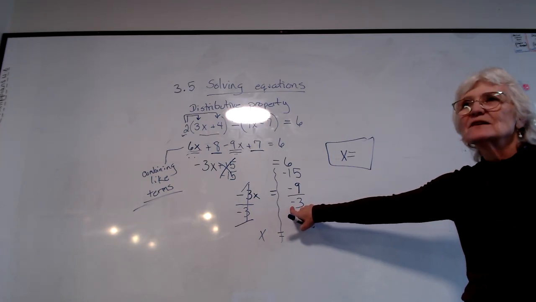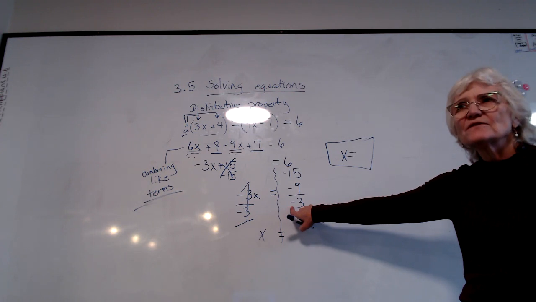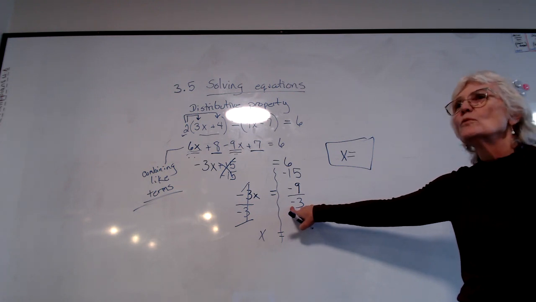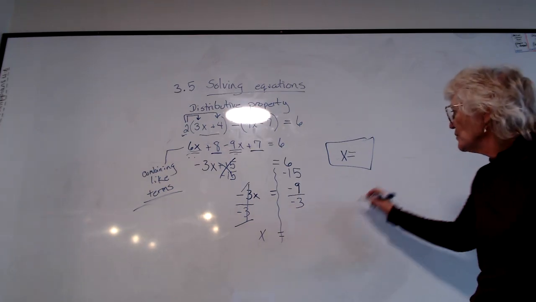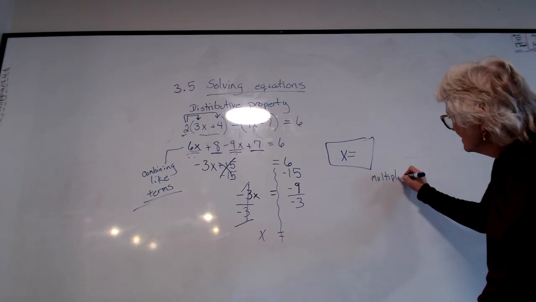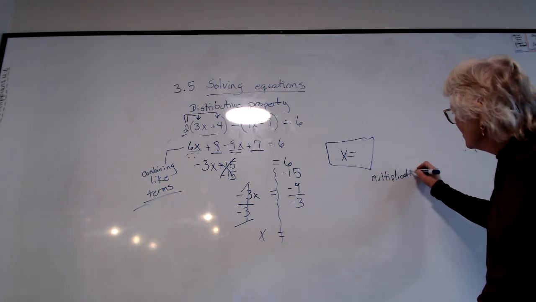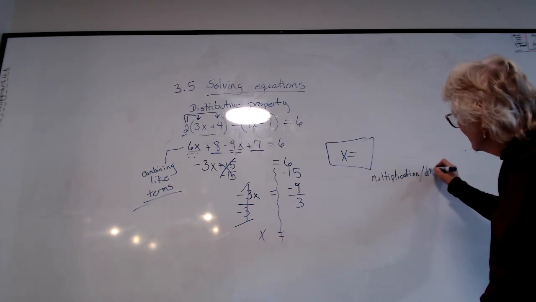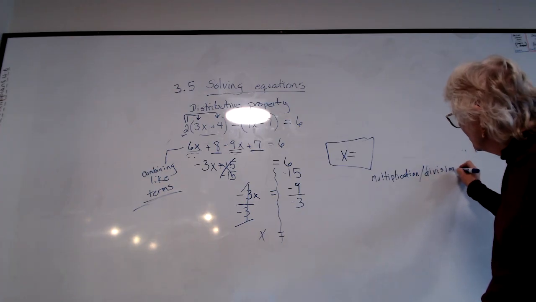It's positive. So in multiplication or division, same signs always give you positive. Different signs give you negative. So if you want to write that down, this is something you can put in your notes.